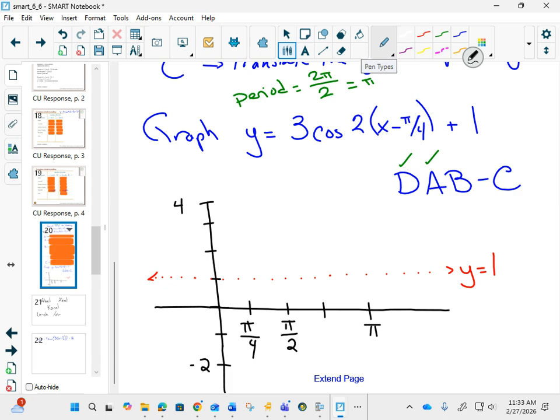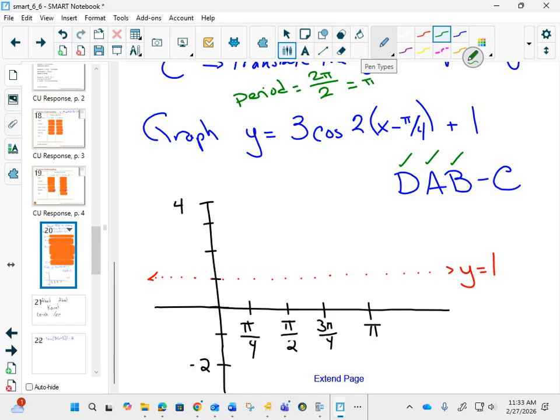And if one of these sections is pi over 4, you can label the third one by just counting. 1 pi over 4, 2 pi over 4, this will be 3 pi over 4. And then I can put a check mark over the B. I've done the B part of DAB-C.